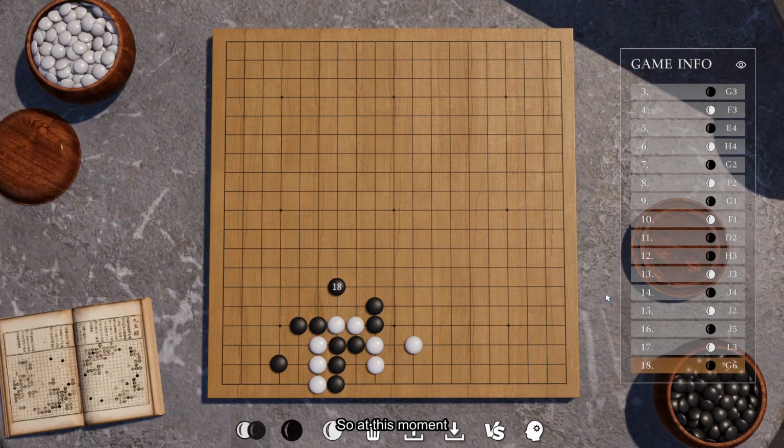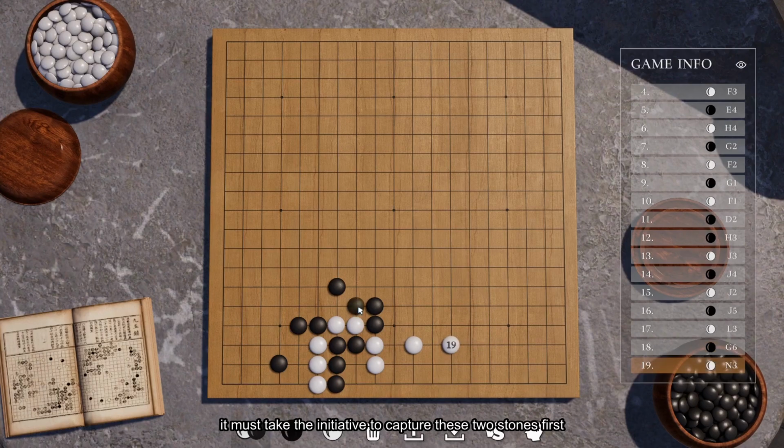So, at this moment, we must remember the battle for life rule with equal liberties. Whoever moves first wins, and more liberties beats fewer liberties. This means when black is looking for a battle for life target in this local area, we must find a target with equal liberties, which is these 2 stones. So if black wants to win this battle, it must take the initiative to capture these 2 stones first.